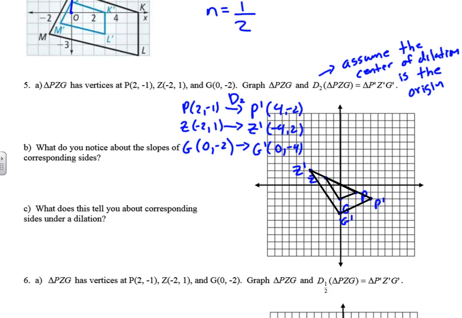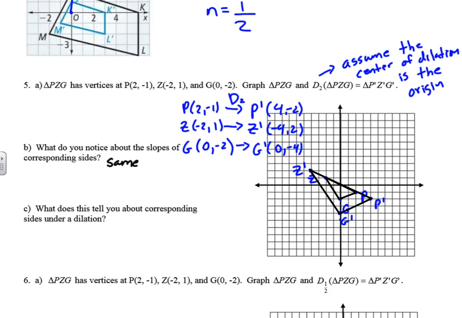So there's the new figure. What do you notice about the slopes of the corresponding sides? Look at the steepness. If you look at G and P and then G prime, P prime, we're going up 1 over 2, up 1 over 2, and they're the same. So what does this tell you about corresponding sides?